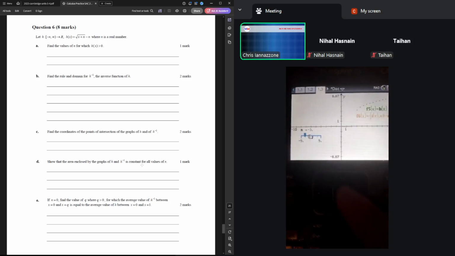So if we think about how we do bound area between 2 curves, it's top take bottom. So in this case, the original, the root, is above the quadratic. And so when we do our definite integral, we should see that the n's cancel out. So let's see if that's what happens.